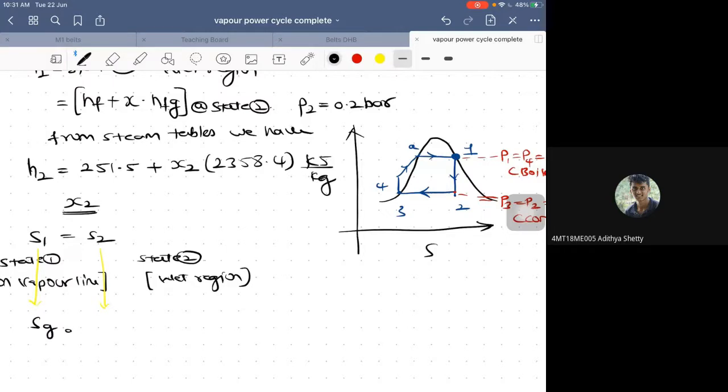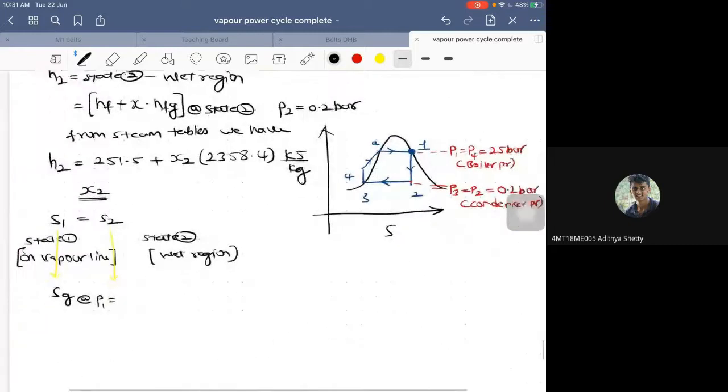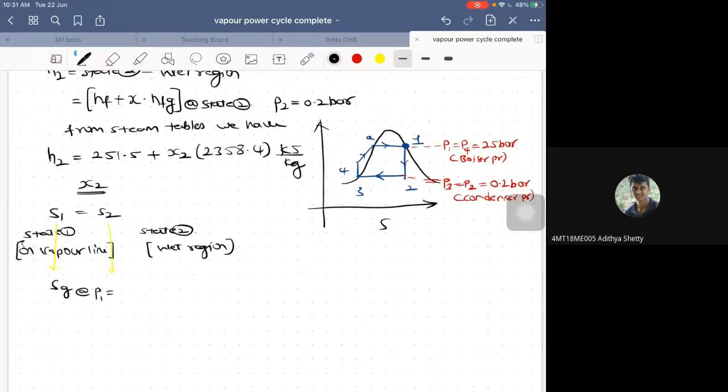SG at P1, equal to how much? 25 bar. So SG at P1 equal to 25 bar. Okay, so that is equal to S2. So S2 is in the wet region.